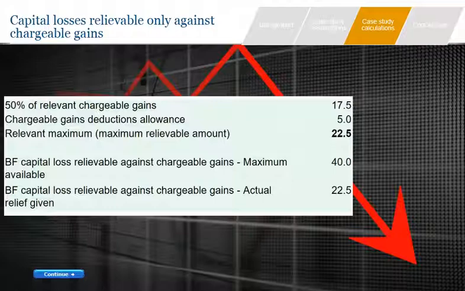The chargeable gains deductions allowance has already been set by the company at 5 million. Therefore, the relevant maximum is 22.5 million. Although there are 40 million of capital losses brought forward for relief, only against chargeable gains, the maximum permissible deduction can only be 22.5 million.